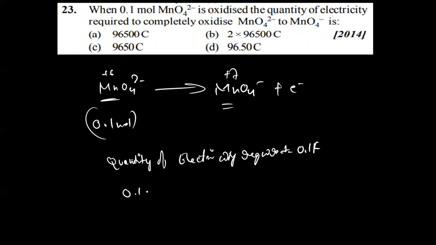So substitute 0.1 into Faraday's constant, that is 96,500, which is equal to 9650 coulombs. So for question number 23, it's option C.